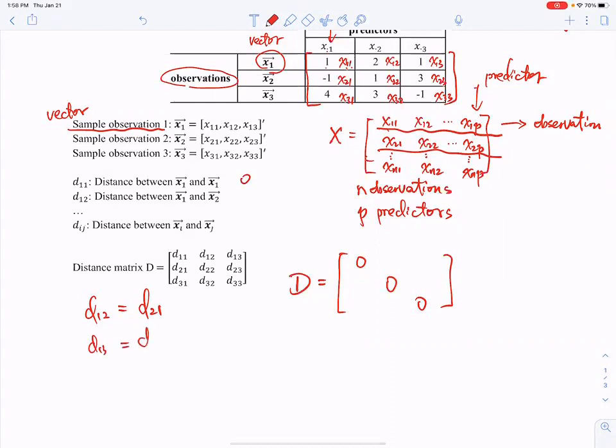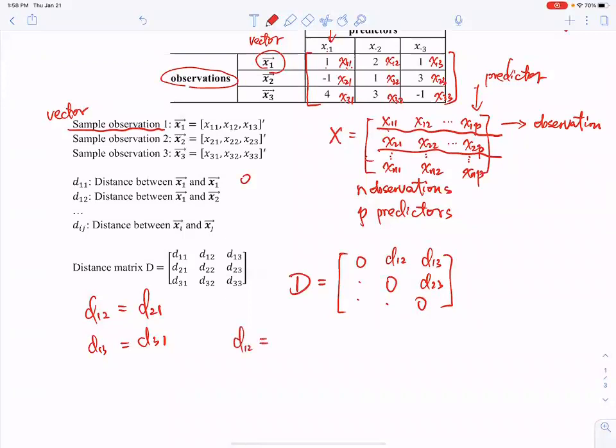D13 equals D31. So in this way, we only need to calculate either the upper triangle or the lower triangle. Now let's calculate D12, D13, and D23. Since this is a symmetric matrix, we only calculate the upper triangle.